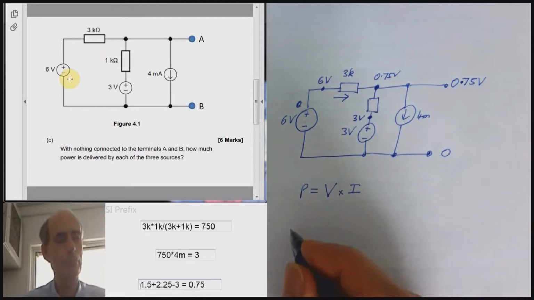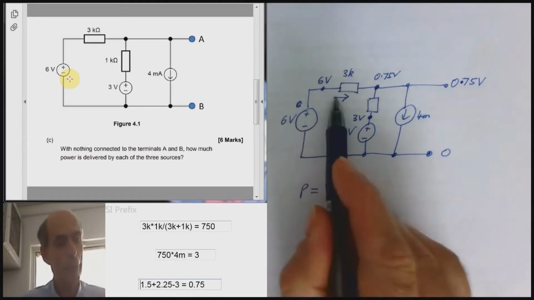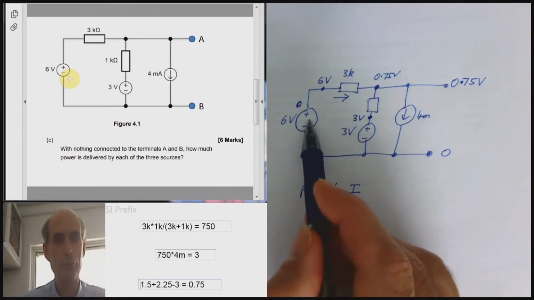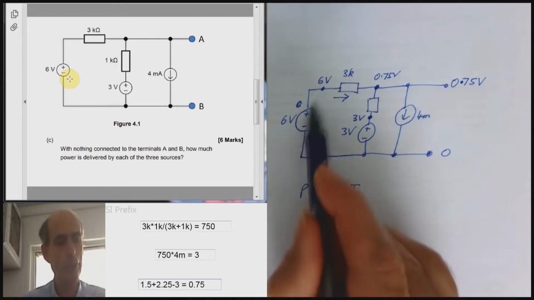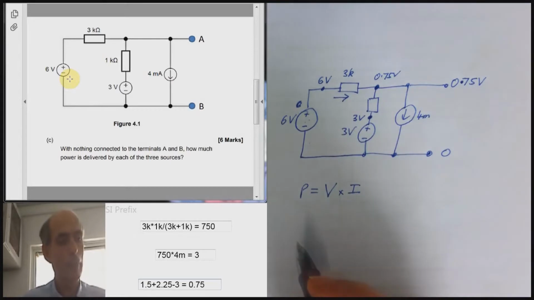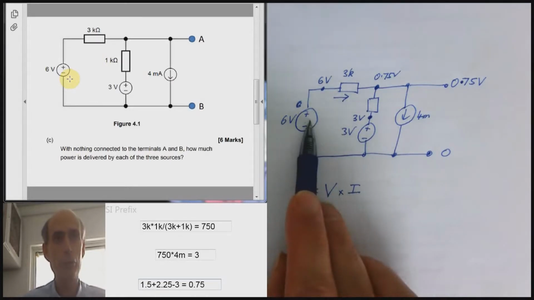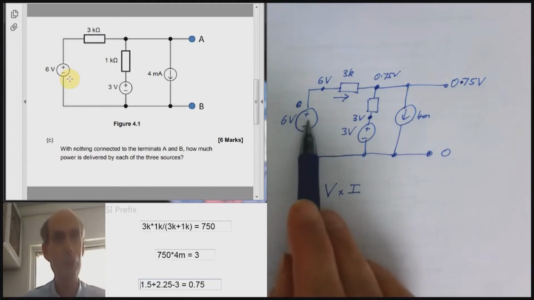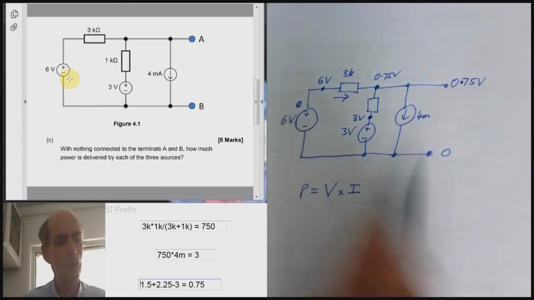Ohm's law. But the current flowing through this resistor must be the same as the current flowing through this voltage source. It's got nowhere else to go. So I now know the current flowing through this voltage source and the voltage across this voltage source, so I can work out the power being introduced in this case by this voltage source.